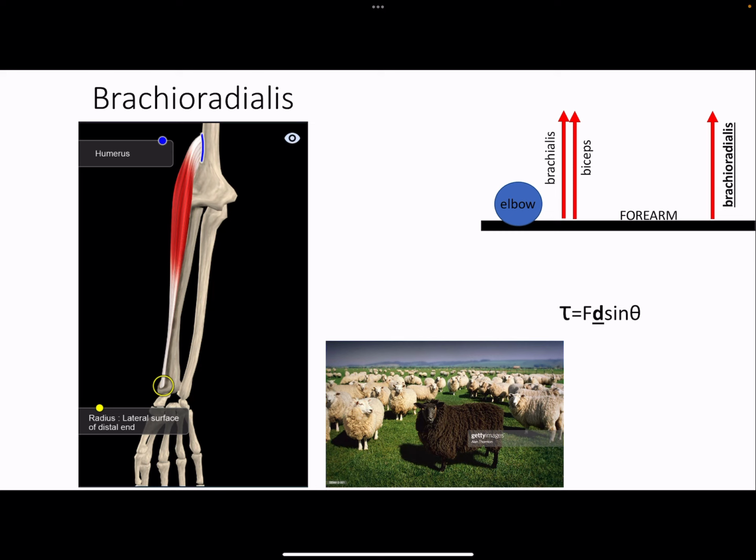And two, most of the posterior compartment is for extension, a little bit for supination. And this one we saw earlier, this one flexes at the elbow. So it's definitely the black sheep. It belongs, I suppose, because like all other things in the posterior compartment, it is innervated by the radial nerve.